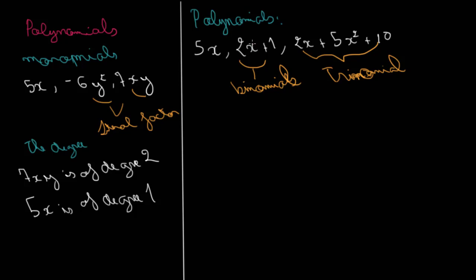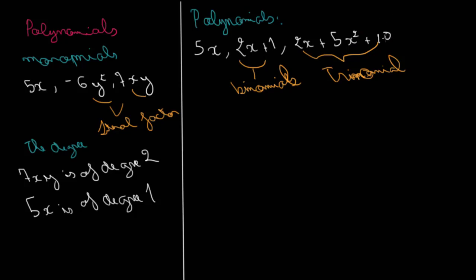And the last one, I wrote it just by chance, and it turned out to be a very good example. You can see here I have 2x plus 5x raised to the power of 2, or 5x squared, plus 10.